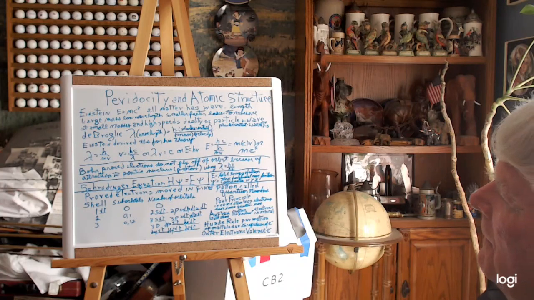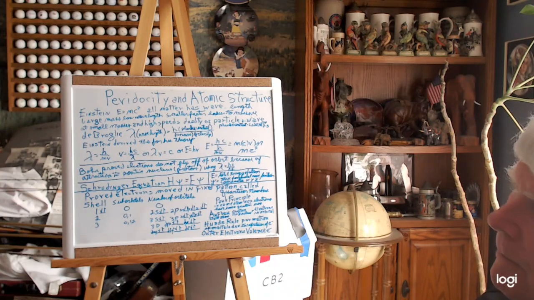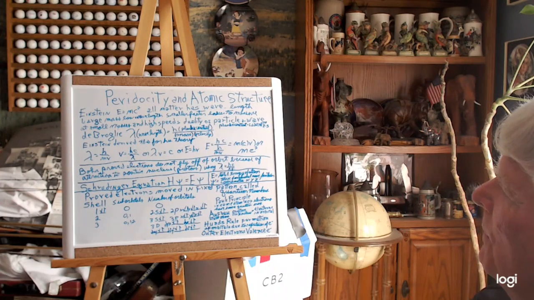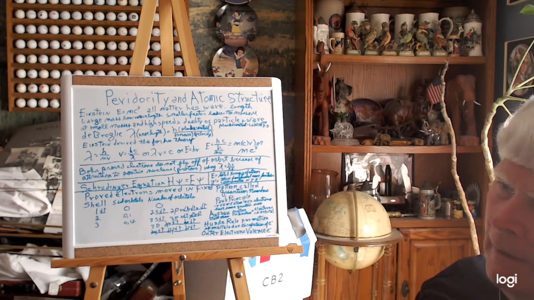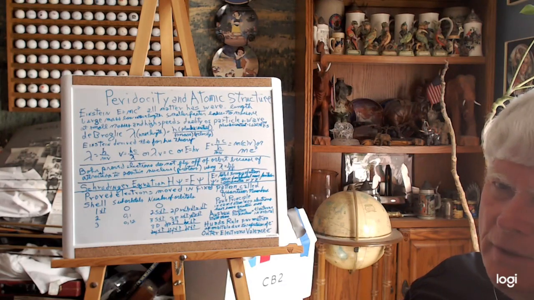And for my humorous attitude towards this, we'll say H cactus is equal to E cactus, E being the total energy of the atom, and cactus being the three-dimensional wave function coordinates of the electron, X, Y, Z.